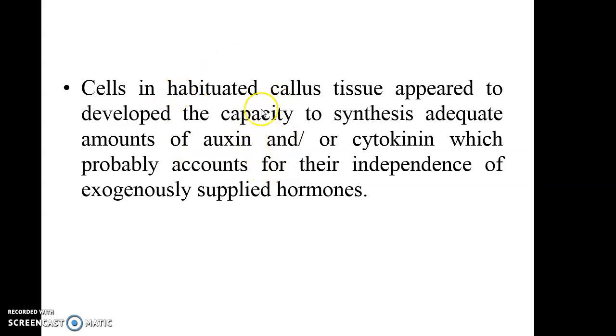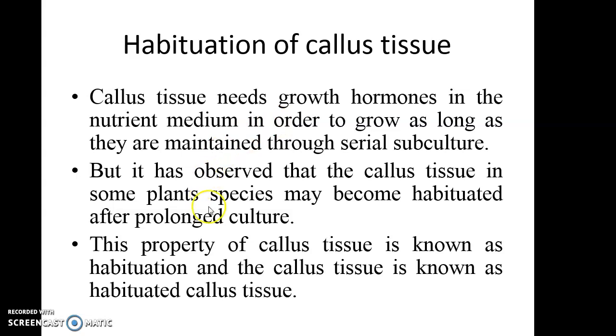This property of the callus tissue is known as habituation, and the callus tissue is known as habituated callus tissue. It's like a cancer cell. The habituated callus tissue does not require the exogenous addition of plant growth hormone. They can synthesize their own plant growth hormone. That is habituation of callus tissue.